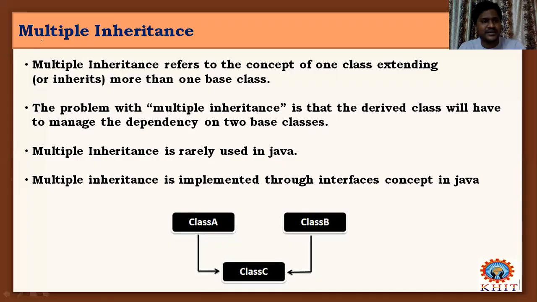Next inheritance is multiple inheritance. As I told you, multiple inheritance refers to the concept of one class extending more than one base class. This is a problem in Java. It doesn't support this type of inheritance.